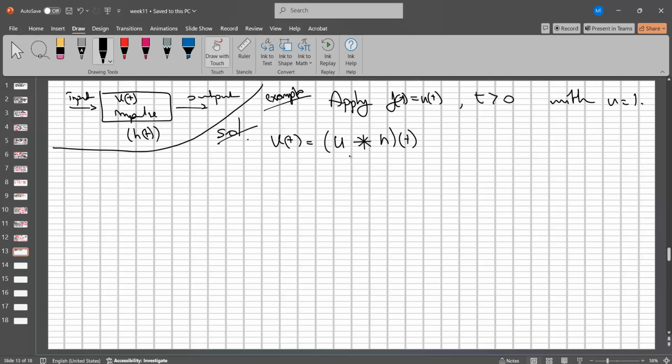This equals the integral from 0 to t of u(tau) times h(t minus tau) d tau. This is our convolution integral. And so what is the value of this term? It always equals 1, right?